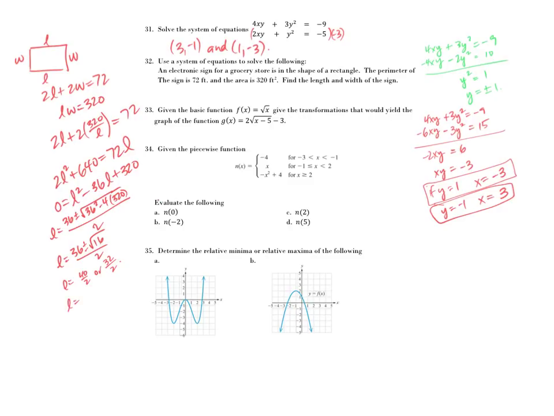So L is equal to 20 or 16. We can just pick one, and if L is 20, then the width is going to be 320 over L, which is 320 over 20, which is 16. So if we want the length to be longer than the width, then we'll have 20 by 16.